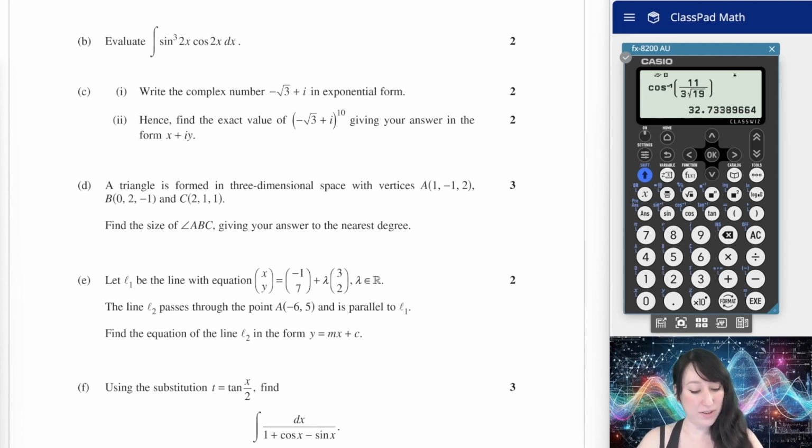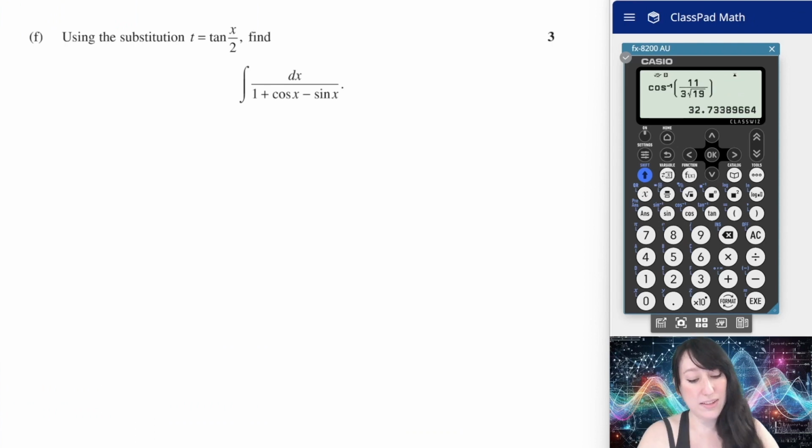Question 11f. Using the substitution, t equals tan x over 2, find the integral of 1 over 1 plus cosine x minus sine x dx. Okay, let's start with that t substitution. Maybe first we'll find out what dx is by taking the derivative here.